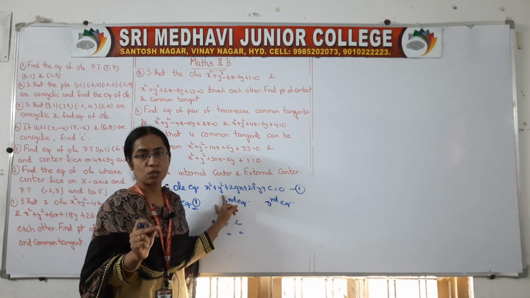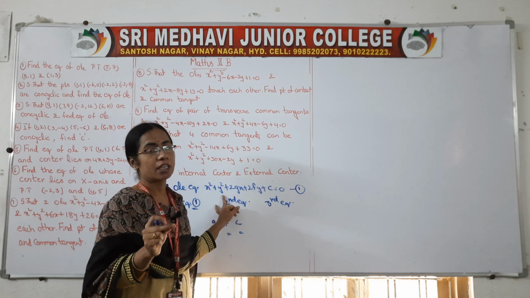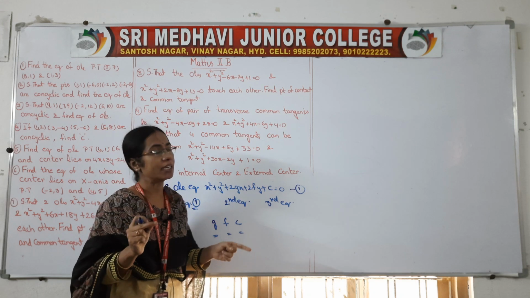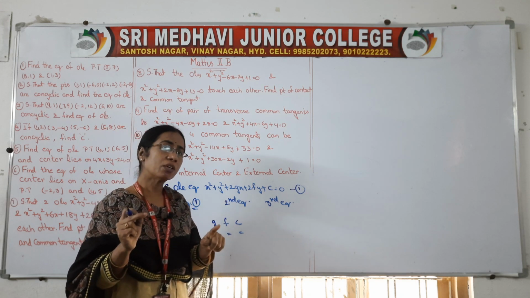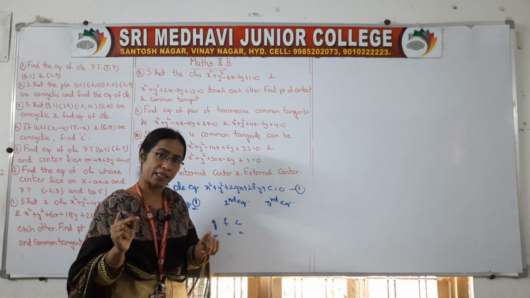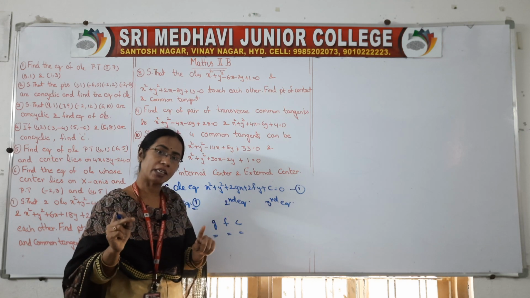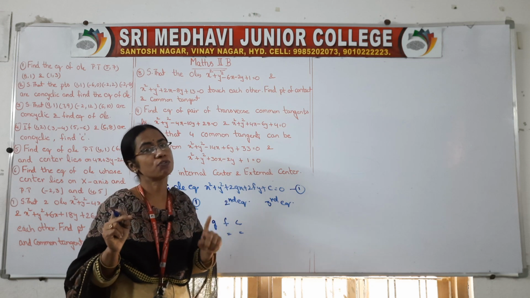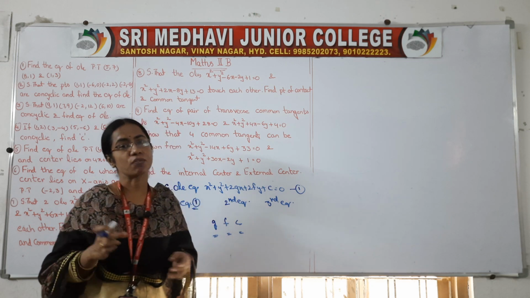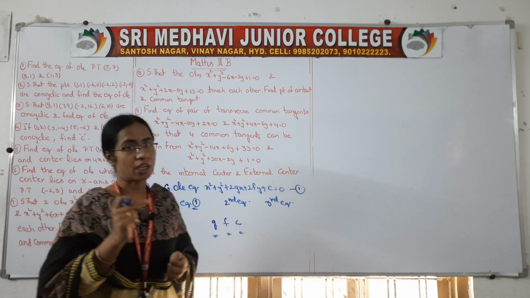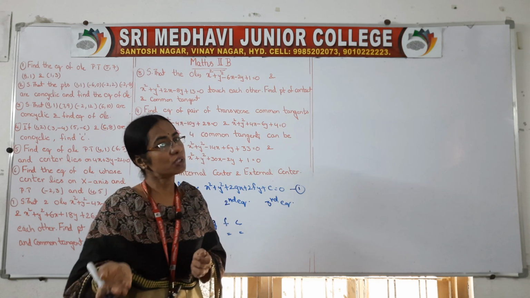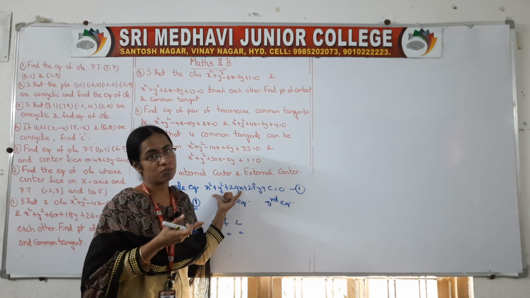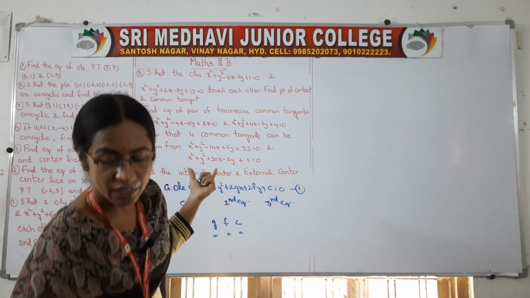Then you will get one equation in terms of g, f, c. Next, take the second point, substitute it, and you will get another equation. The third point gives another equation in terms of g, f, c. Solve those equations and get your g, f, c. Once we have g, f, c, substitute in this equation, and you will get your required circle equation.